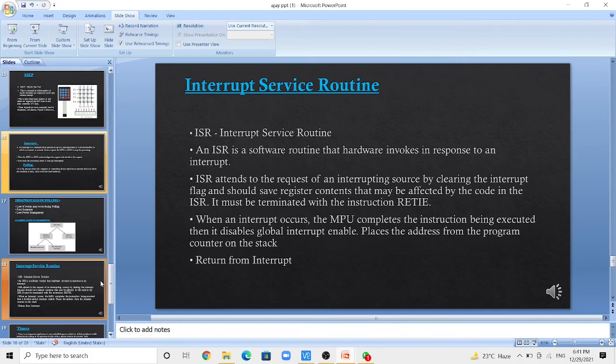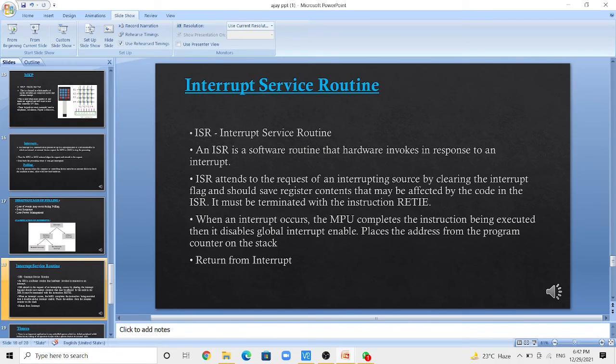Interrupt service routine. ISR, interrupt service routine. An ISR is a software routine that hardware invokes in response to an interrupt. ISR attends to the request of an interrupting source by clearing the interrupt flag and should save register contents that may be affected by the code in the ISR.